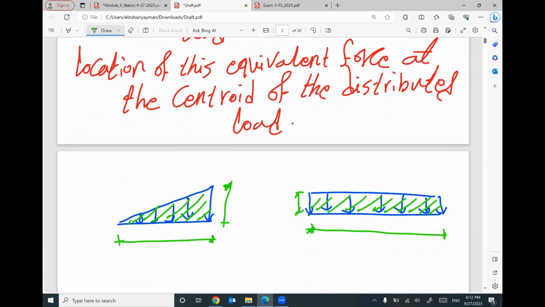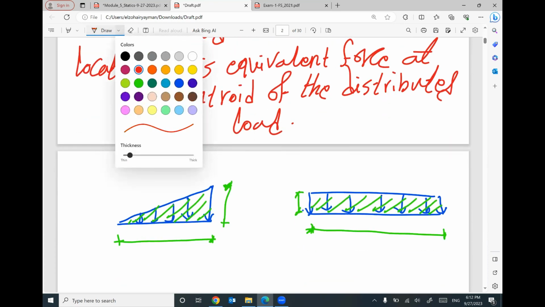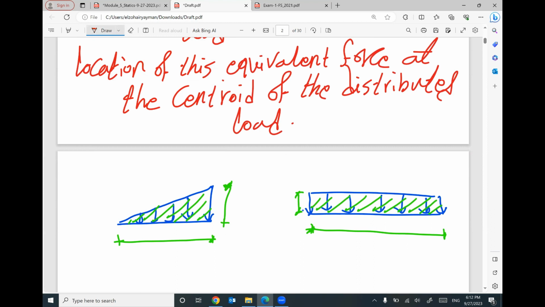The location, keep in your mind, the centroid of this rectangle at the midpoint. So the equivalent force will be here. The centroid of this right angle triangle is here at 1/3 from this side and 2/3 from the other side. 1/3 L, 2/3 L, where L is the total length.